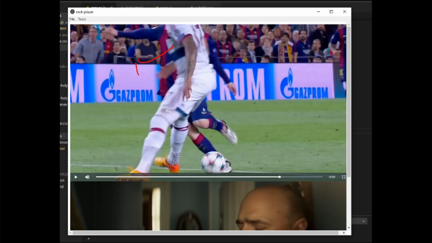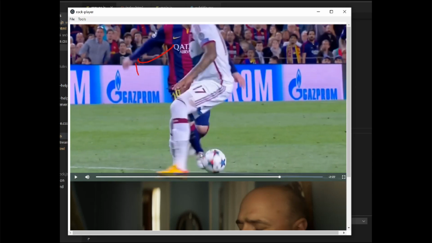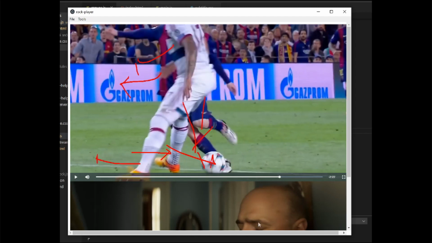But my interpretation is when you go back here, when his foot's over here, that gives him enough confidence to think that he's really fooled the defender with two moves, one with the feint and turn, and then one with his leg going over his left leg to really sell that move. So at this point, he can do an early turn before he actually knocks the ball to the left.